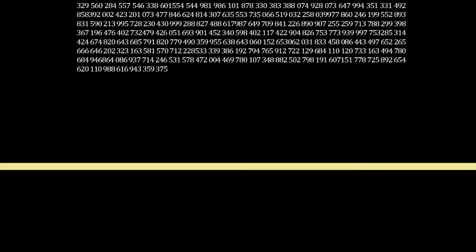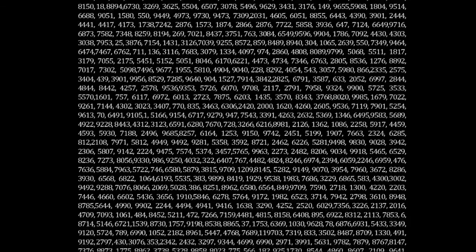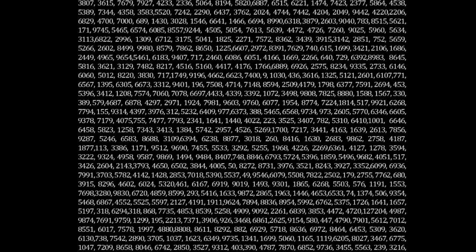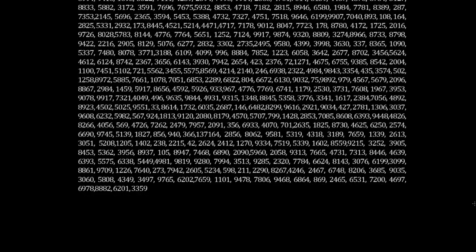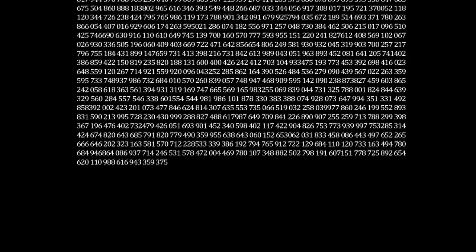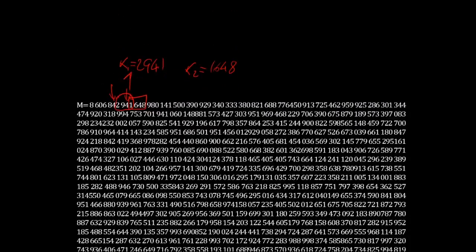So this is M, and this is the list of the 4-digit numbers that we can generate out of M. Now, if we generate at the same time out of this number keys of 4 digits, 5 digits, and 6 digits, we get 5,277 keys.